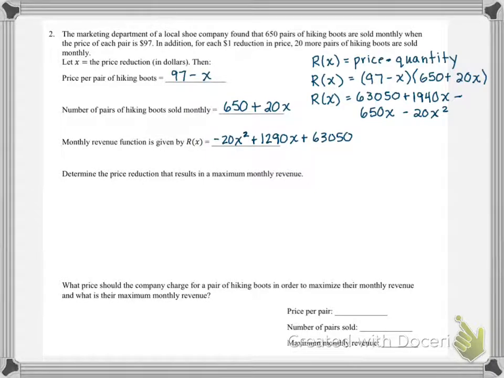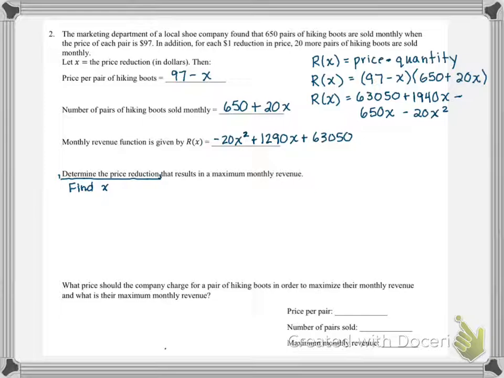So now we finally get to what we're looking for. Determine the price reduction that results in a maximum monthly revenue. So again, I'm going to go through this bit by bit and identify what it is I'm trying to find and then what I have to use in order to find it. So I am trying to determine a price reduction, which means I want to find an x value because the price reduction is represented by x.